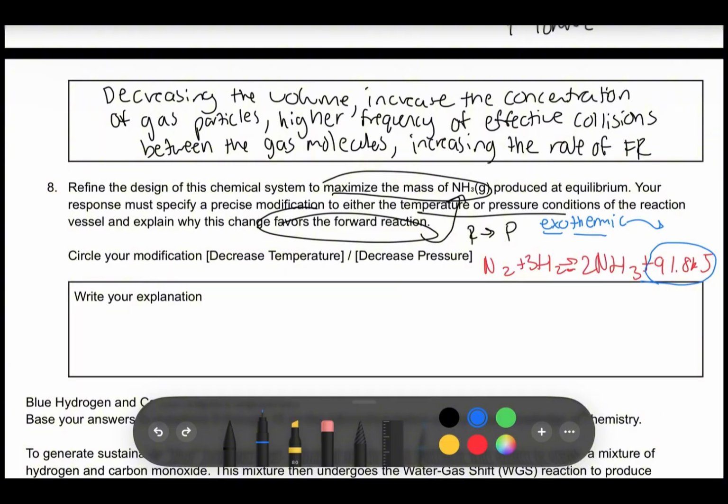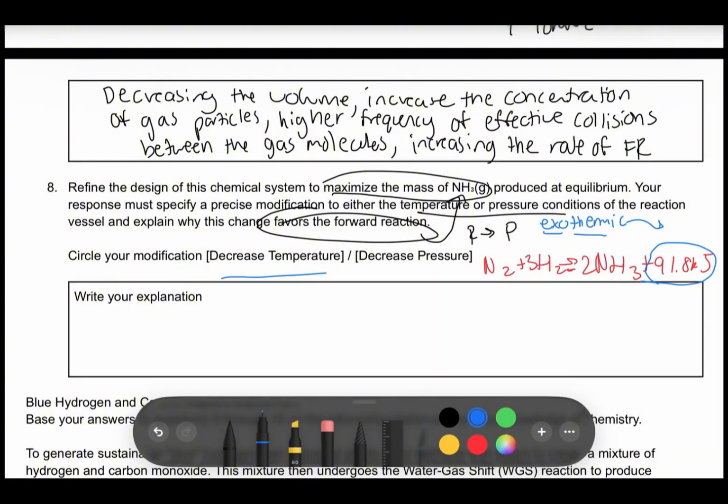So if we were to decrease the temperature, we're taking away from the products. And if we take away from the products, the equilibrium is going to shift back to the products because we need to replenish the products. But in order to shift to the products, we need to be producing more products, which favors the forward reaction because the forward reaction is what's getting the reactants to form the products.